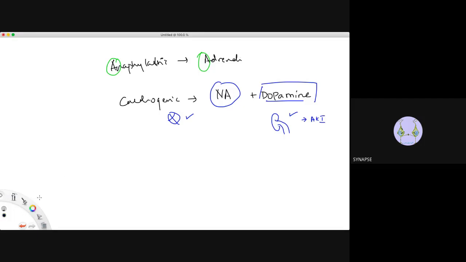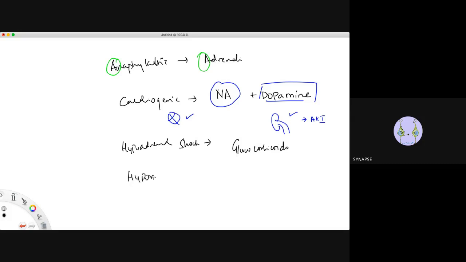Now, if it's hypoadrenal shock, it's very logical. What will you give? Steroids. Yes, you give glucocorticoids because that's what is lacking. You give glucocorticoids, and the patient will be fine.